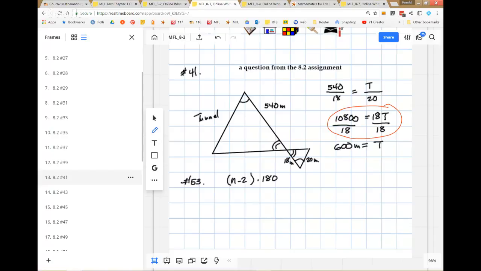By the way, have you ever wondered, when you're at an airport and you're going to take off, the pilot has to know what the cloud ceiling is? In other words, how high are the clouds? And they don't run a tape measure up there. They actually do similar triangles to calculate that.